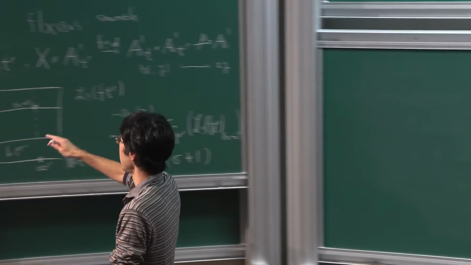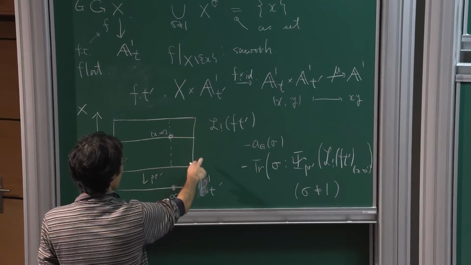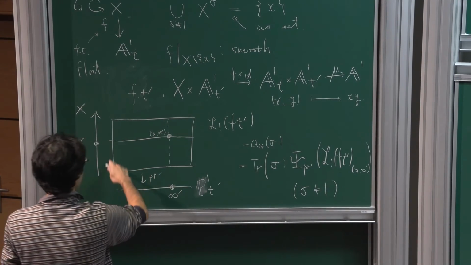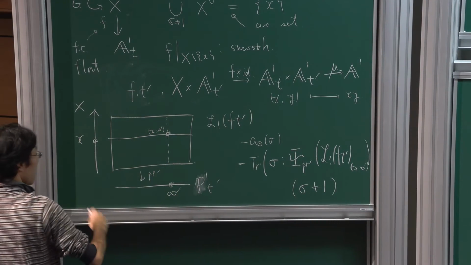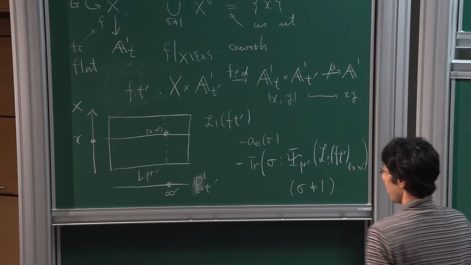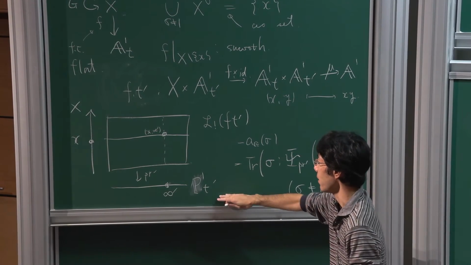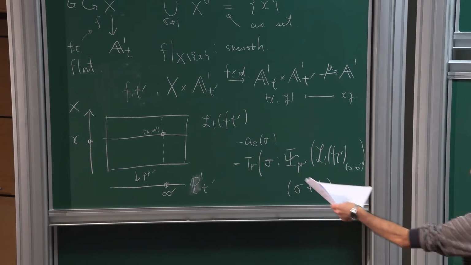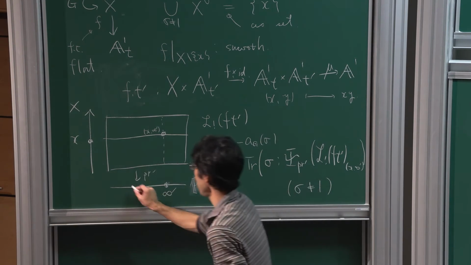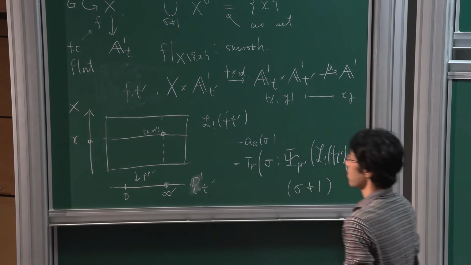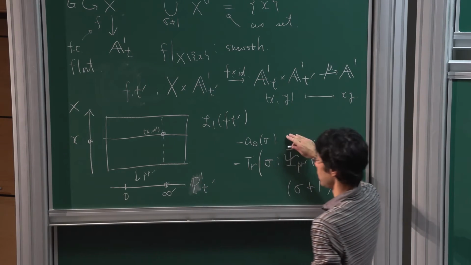We are given some sheaf on this X cross P1, and it's parameterized by P1. And this equality is somehow saying that if you restrict this family at 0, then you get some AG of sigma.